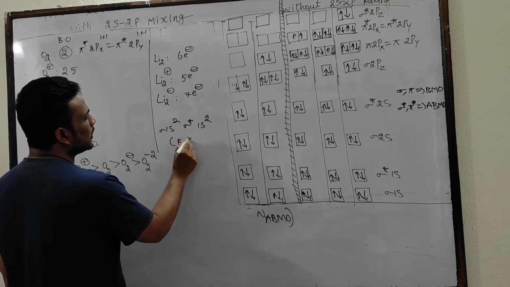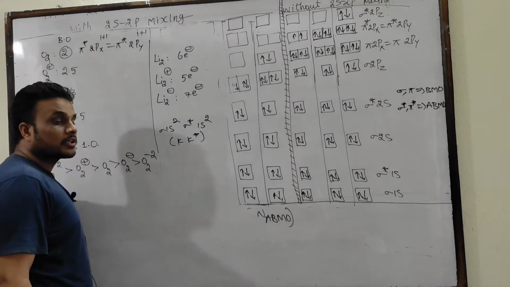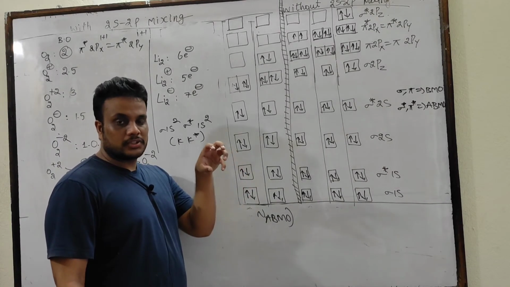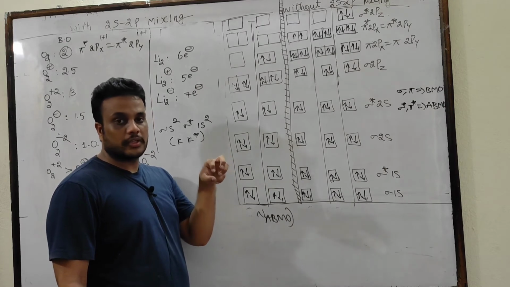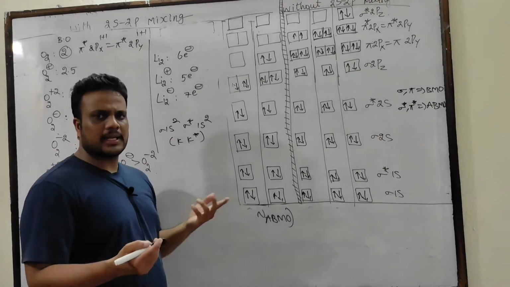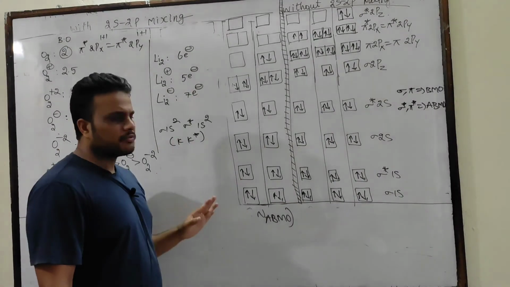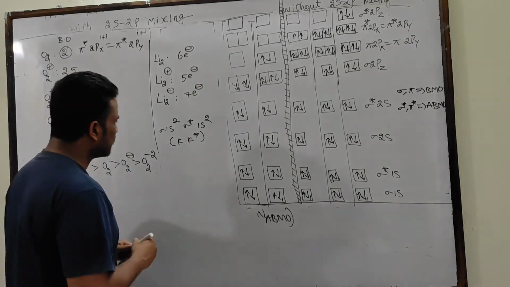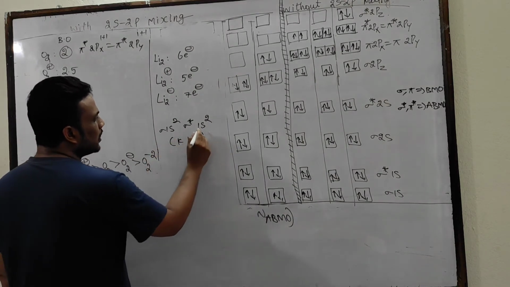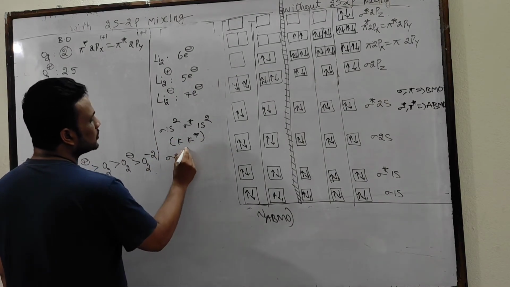This is also called KK star, because the very first orbit, the one nearest to the nucleus, is called the K shell. 1s is present in the K shell, and since the K shell is completely filled, we write K K star. Then after that sigma 2s2.